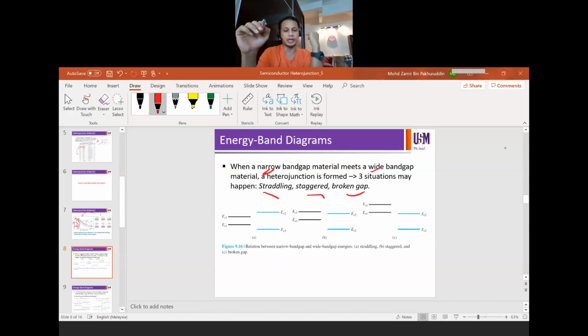That is called staggered. The third case is called broken gap, where the EC and EV of your narrow band gap material are completely out of the picture compared to the EC and EV of your wide band gap, right? This will affect the drawing of your energy band diagram.